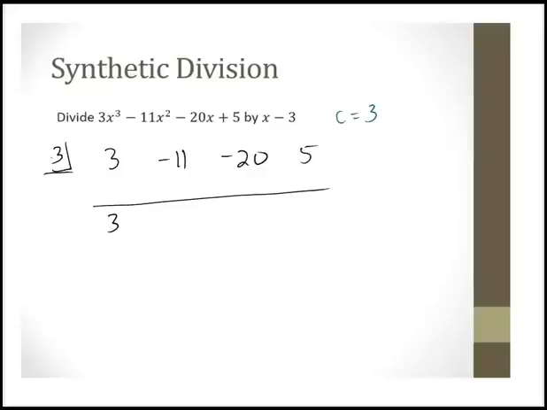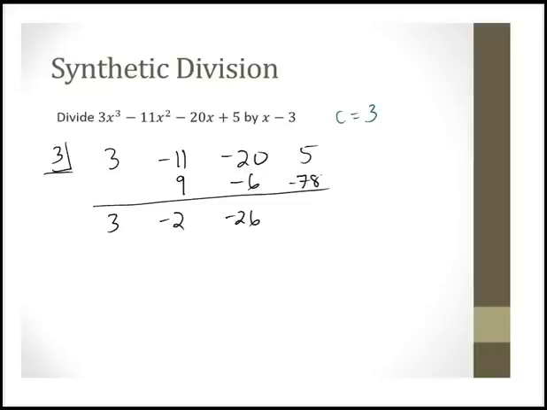Multiply. 3 times 3 is 9. Add. Negative 11 plus 9 is negative 2. Multiply. Negative 2 times 3 is negative 6. Add. Negative 20 plus negative 6 is negative 26. Multiply. Negative 26 times 3 is negative 78.